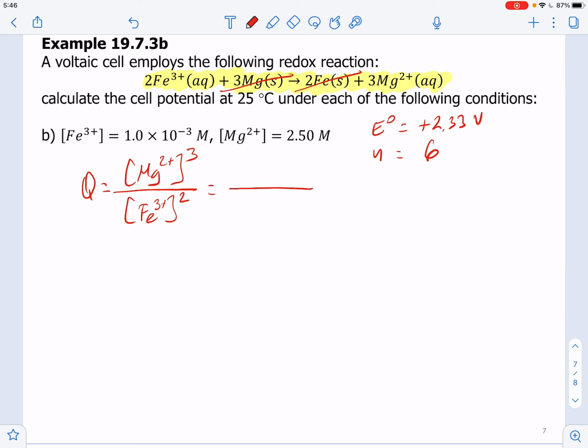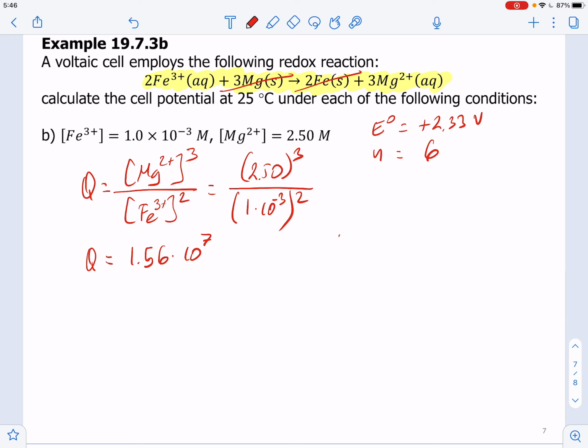So we have that magnesium is 2.50 molar, and we're raising that to the power of 3. And for iron, the concentration is 1 times 10 to the negative 3, and we're raising that to the power of 2. So out of this, we get that Q is equal to 1.56 times 10 to the 7th. Okay, it's a really large number, right?